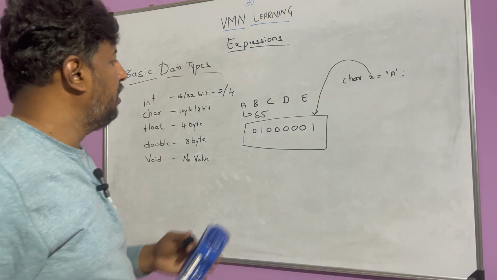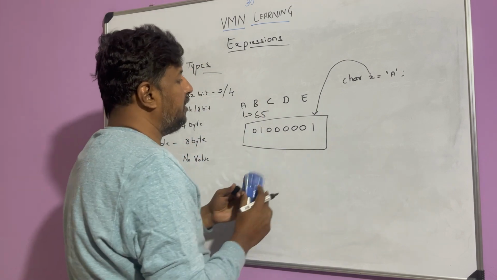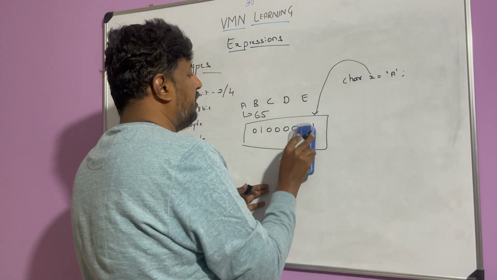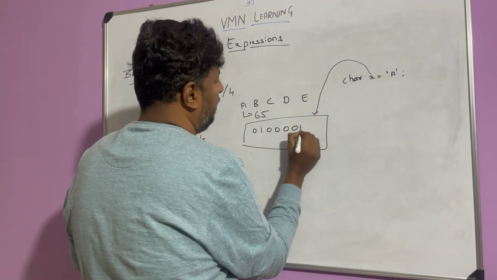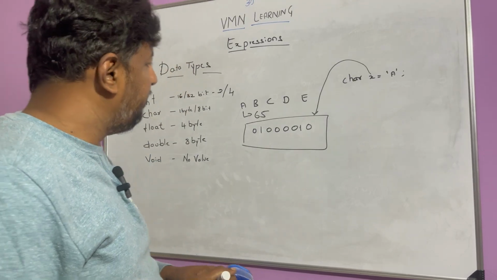That's how it will be stored. B is 66, I think, so it will be something like this for B. So that's how ANSI values work.